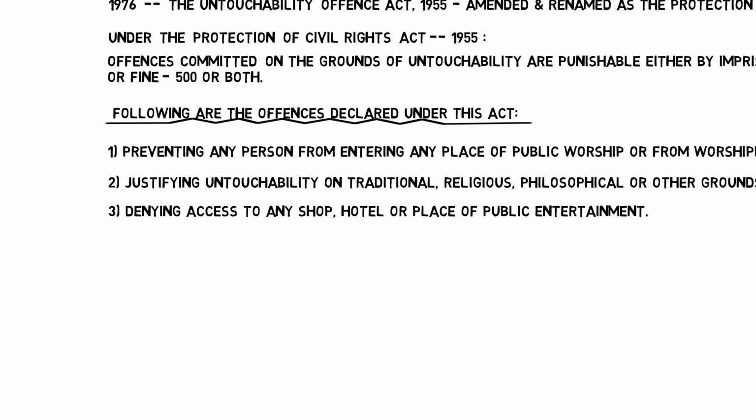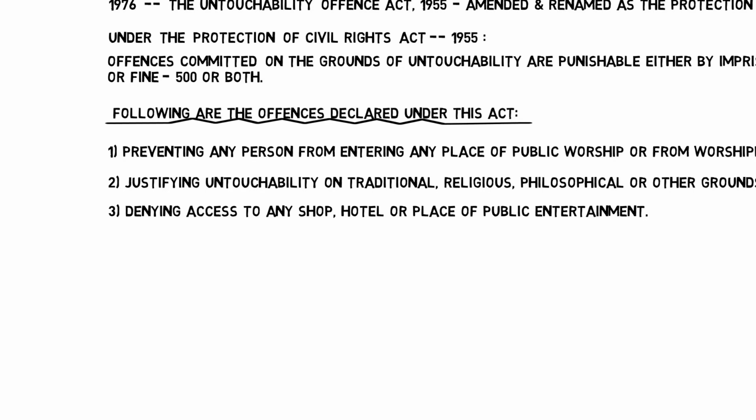Anyways, moving on to the third offense, denying access to any shop, hotel, or places of public entertainment. That means if any person denies a person belonging to a scheduled caste access to any shop or a hotel or a public place of entertainment, then that person violates the fundamental rights of an individual.